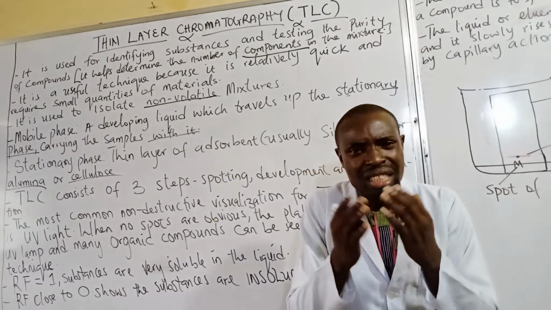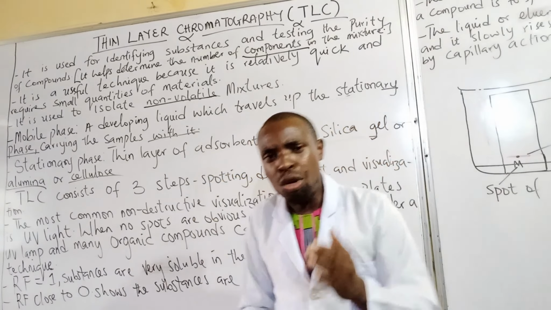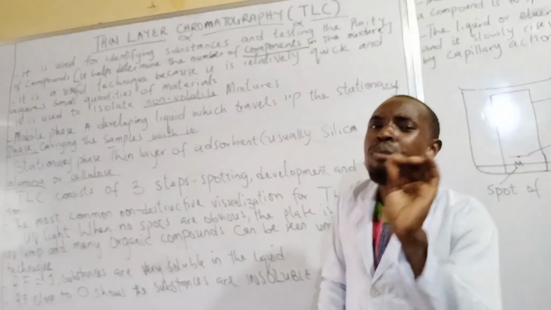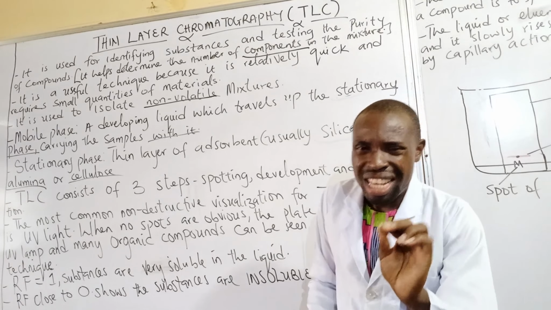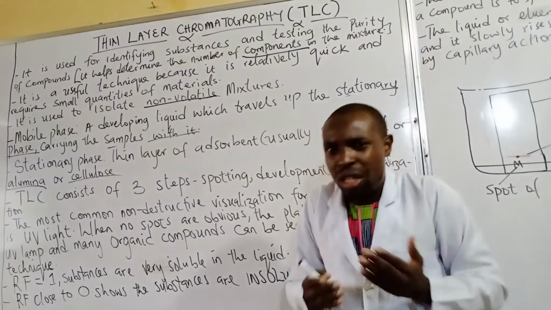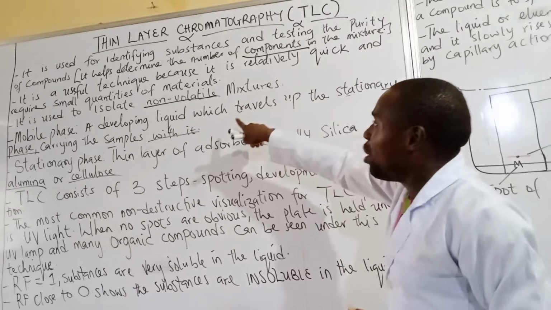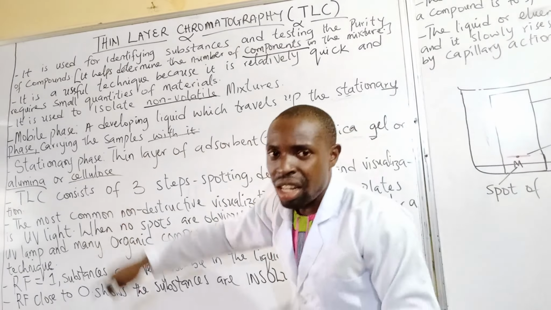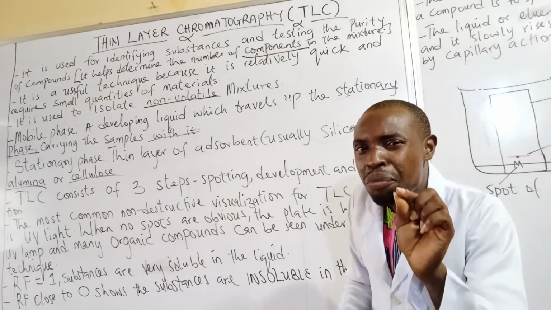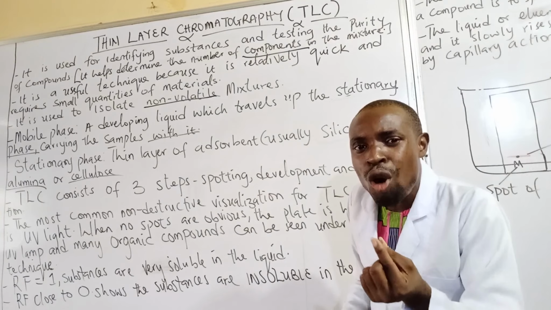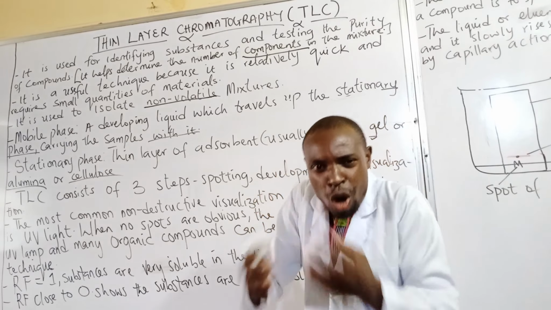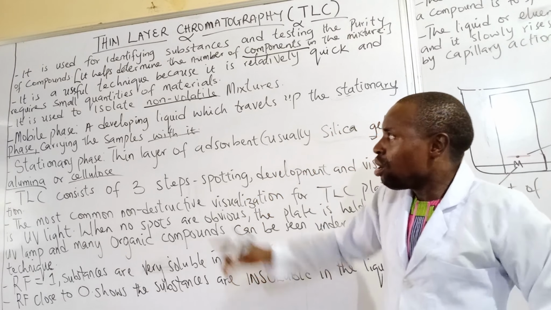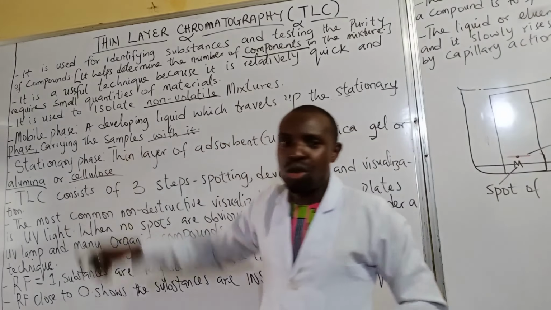Now we quickly run down the phases that are involved in thin layer chromatography: the mobile phase and the stationary phase. In the mobile phase, do not forget, a developing liquid travels up the stationary phase. This is possible by capillary action, the upward movement or rise, carrying the samples with it.